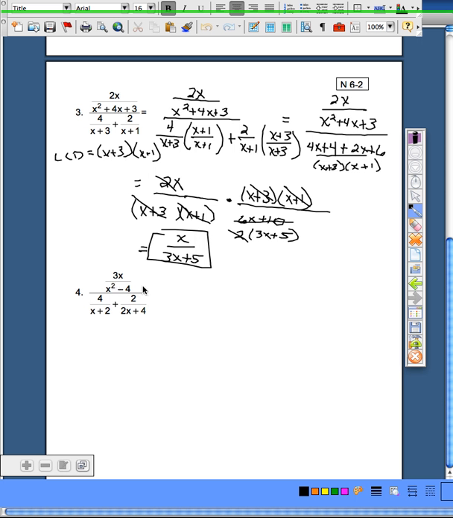All right, again, single denominator here. So we have 3x over x squared minus 4, which we'll factor later as a difference of squares. Now, if you notice on this denominator here, we can factor out a 2, that ends up with x plus 2. So what that means is we already have an x plus 2 in this denominator, so all we have to do is multiply this one by 2 over 2.